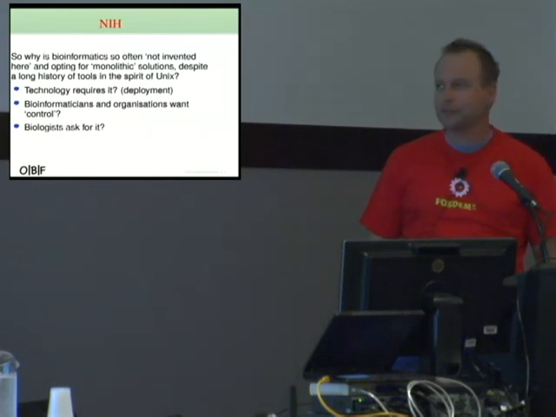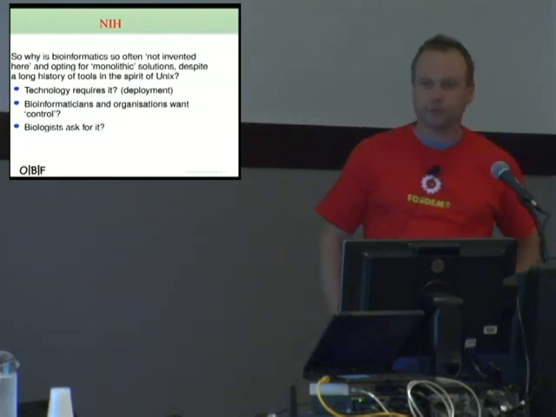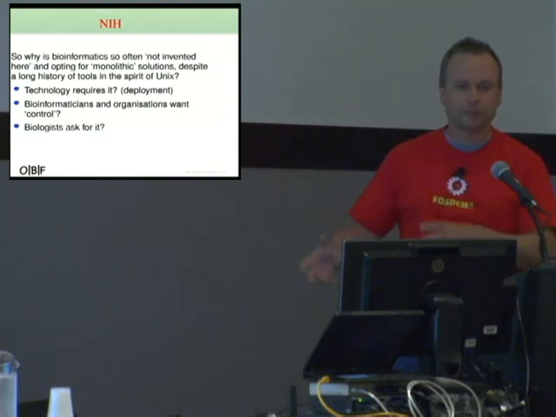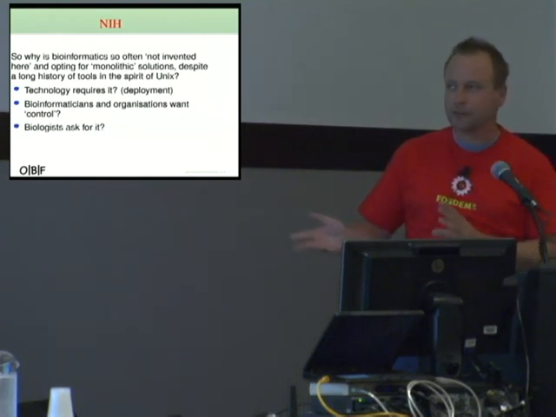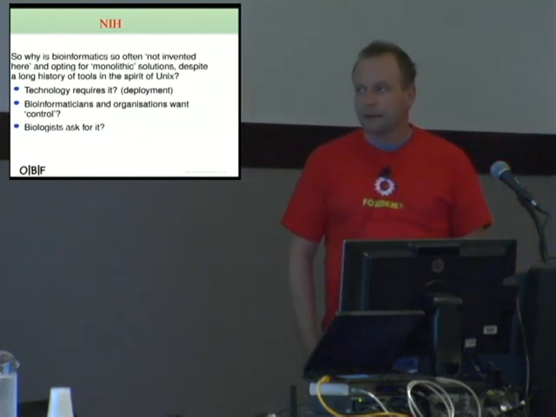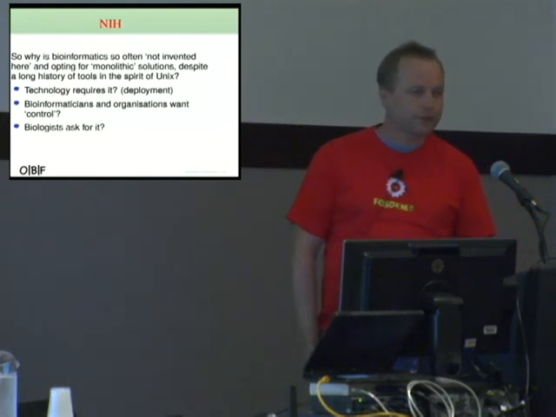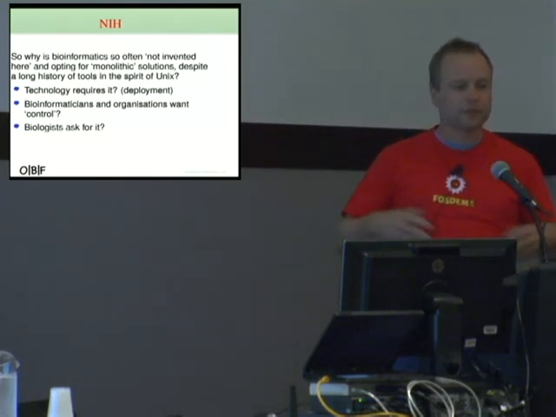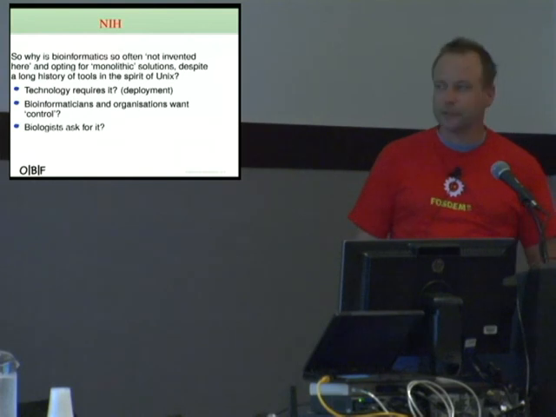Ask a few people here, and you can hear what problems they're confronting with that. That's a monolithic type tool, where an organization wants to keep some type of control because they want to make money out of it. And people also answer that biologists ask for it. They want a tool that they can just install and not worry about.